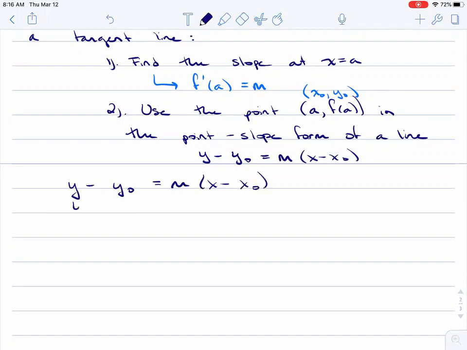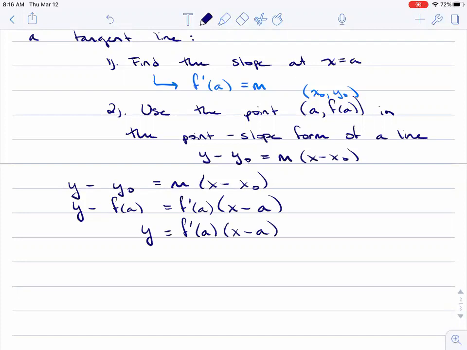In our case, y minus f of a is f prime at a, that's the slope, times x minus a. If we add f of a to both sides to get it in the form of y equals something, we have y equals f prime at a times x minus a plus f of a.